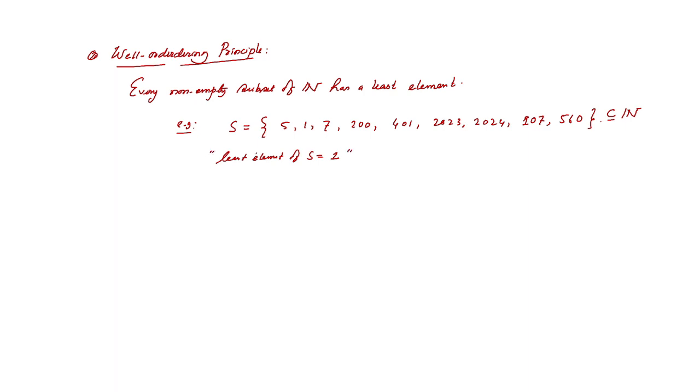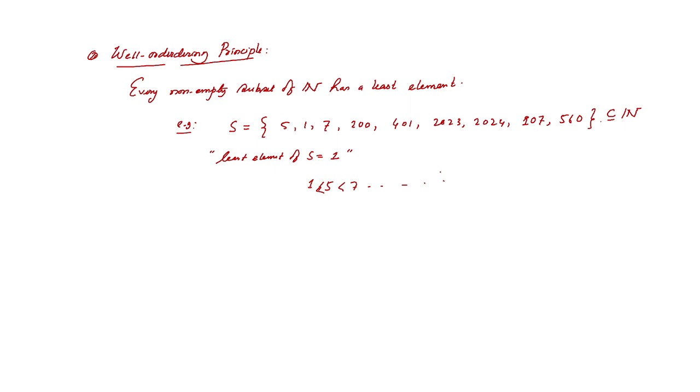Just to verify with this example, you can take any subset of N and you can observe the least element of the set. That means we can think about well order. Well order means the least element is 1, then we find the next least element, that will be 5, then the next least element, that will be 7. In that way we can order it in a well manner. So the well ordering principle says exactly the same thing.